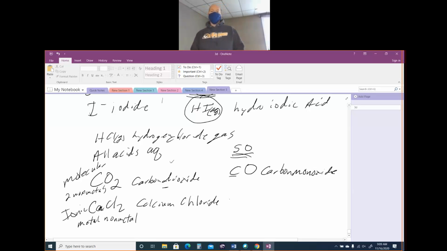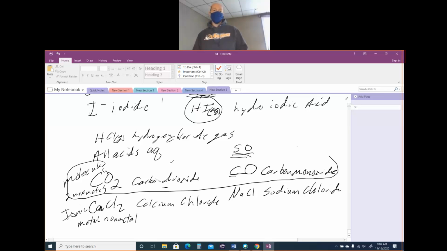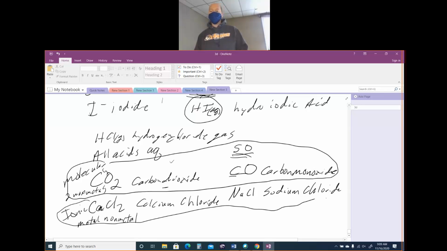If you had NaCl, everybody knows this is sodium chloride. It is definitely not sodium monochloride. Two nonmetals are molecular compounds and you use the Greek prefixes. You have a metal and a nonmetal, these are ionic, and you do not use the Greek prefixes.